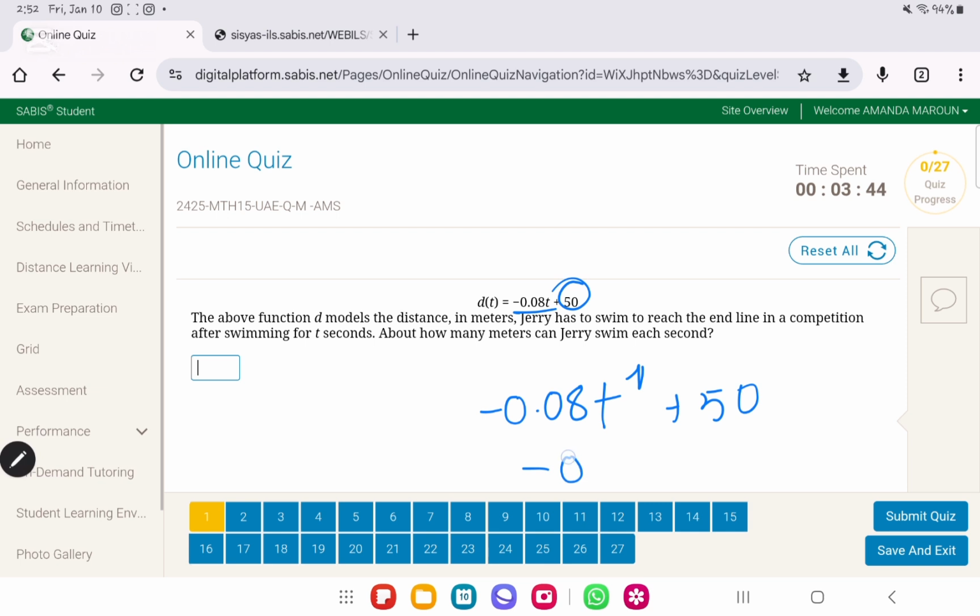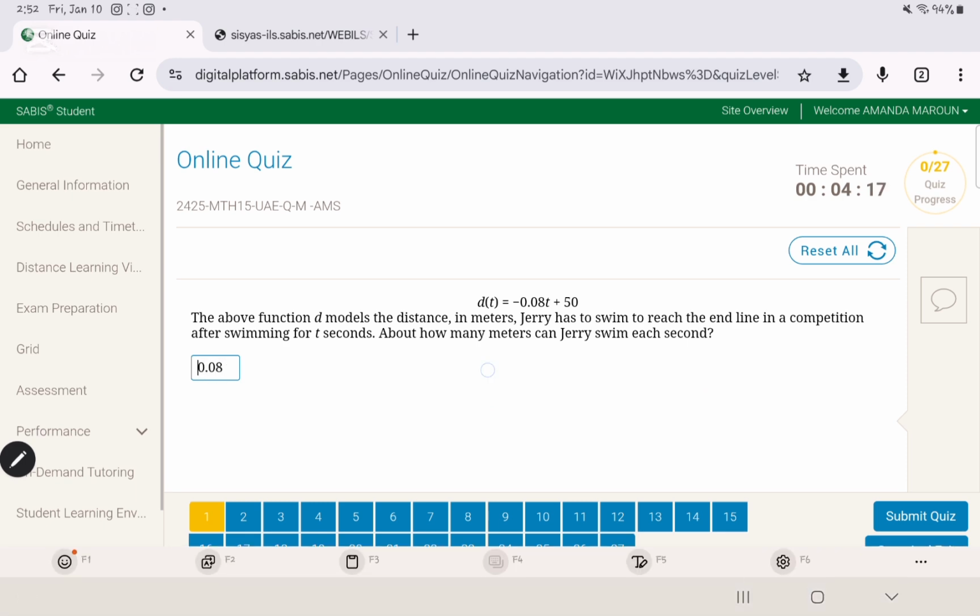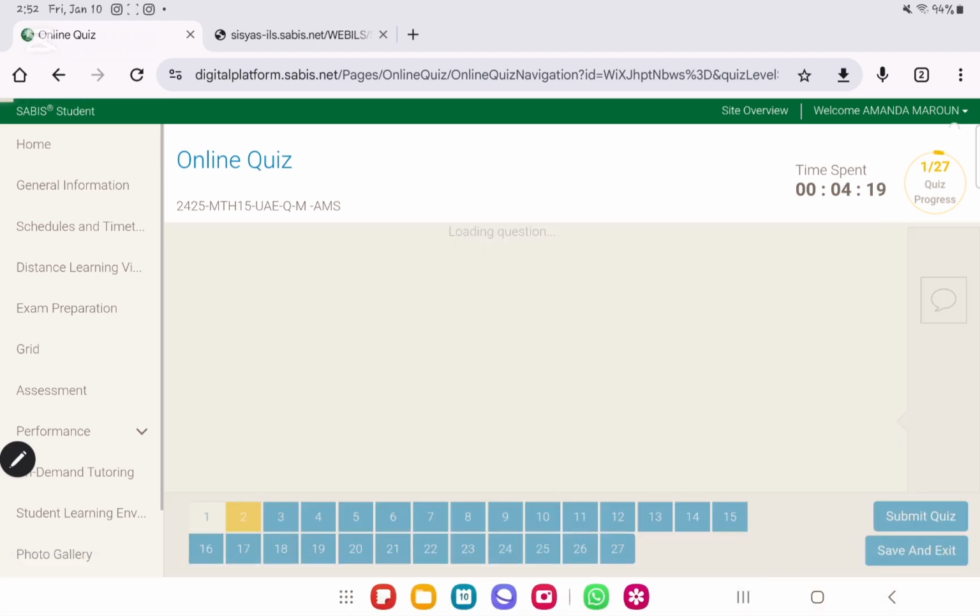Finding the derivative, it becomes minus 0.08 times 1, which is minus 0.08, then t to the power of 0, which is 1, plus 0. So then our answer is minus 0.08. But meters cannot be negative, so we have to put it in absolute value, and then we are going to get 0.08. And that is how we find our first answer, which is 0.08.